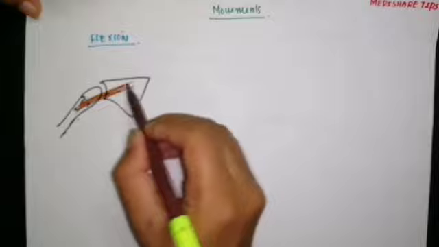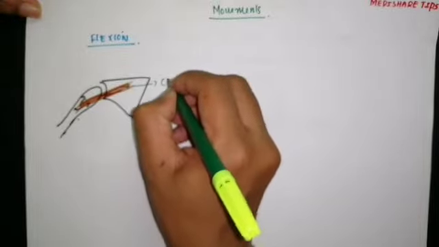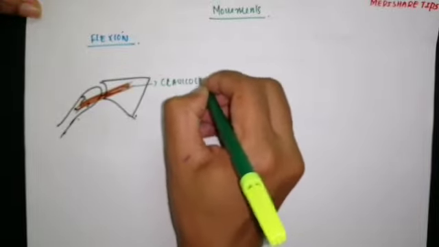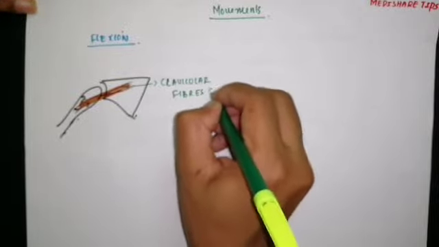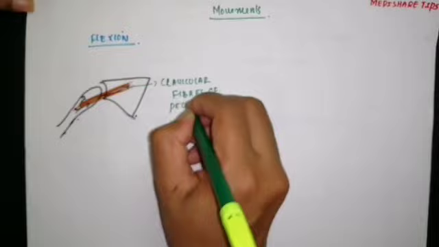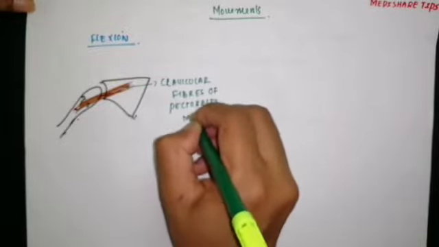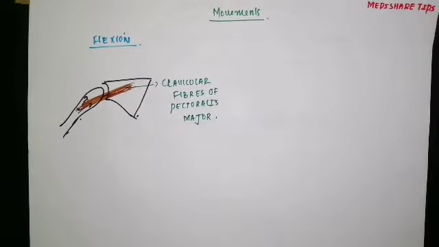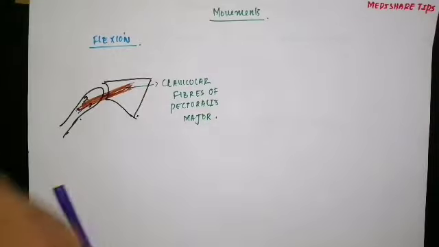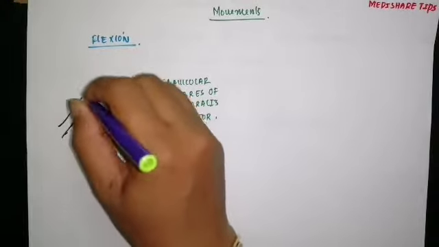These clavicular fibers will contract like this and carry out flexion.